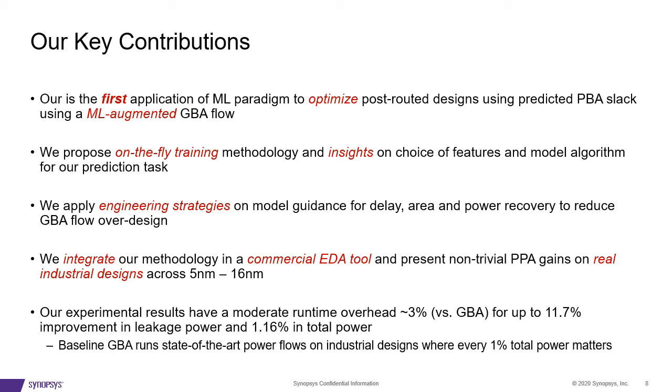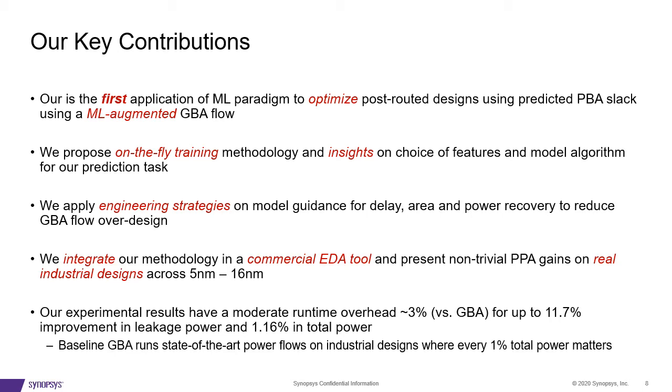We apply several novel engineering strategies on model guidance for delay, area, and power recovery to reduce GBA flow over-design. We integrate our methodology in a commercial EDA tool and present non-trivial PPA gains on real industrial designs from 5 nanometer to 16 nanometer.